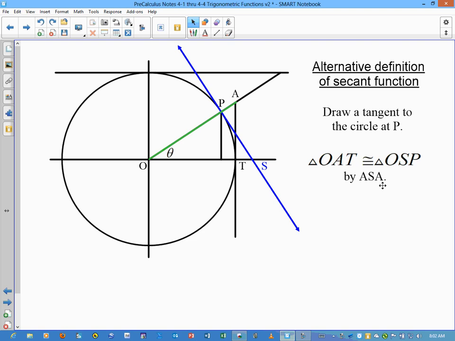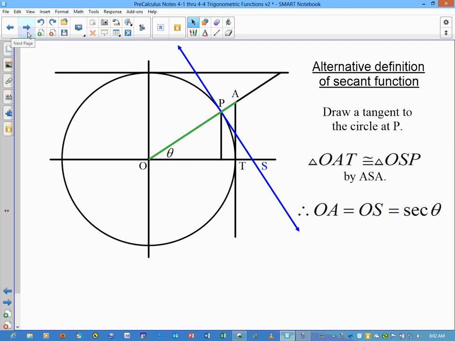So again, by angle-side-angle, these two triangles are congruent. Since corresponding parts of congruent triangles are congruent, OA is congruent to OS. We've already said that OA is secant, so OS must also be secant. So that's an additional way to get a secant function.